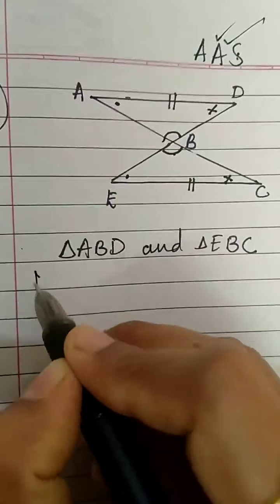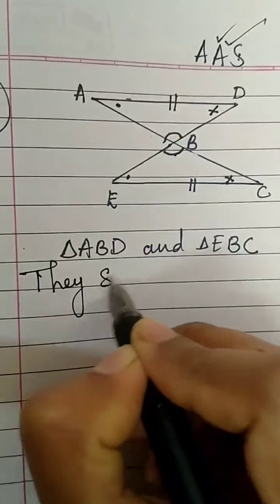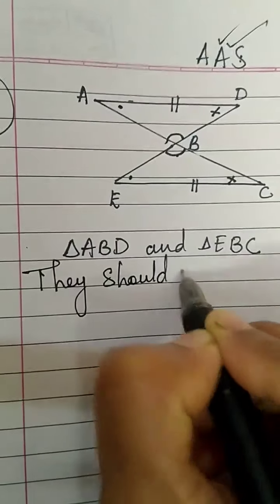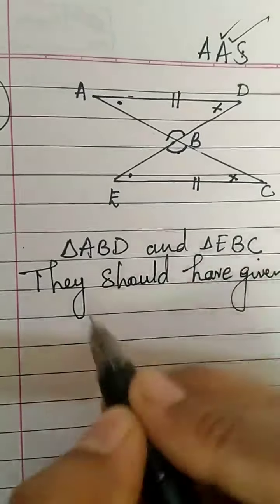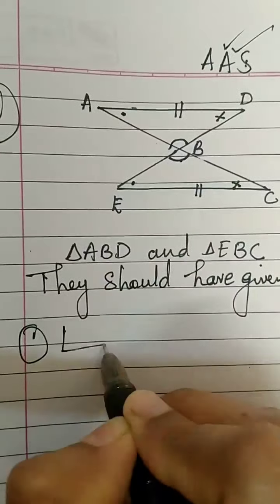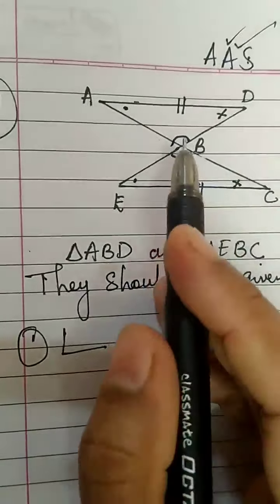They should have given these two options. Which are the two options? Angle, which one we decided?